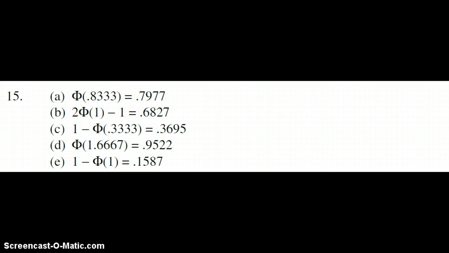So if, for example, the first one is P(X > 5), I guess I can pull up a notepad here. So we have P(X > 5).